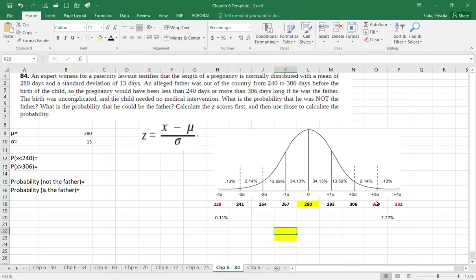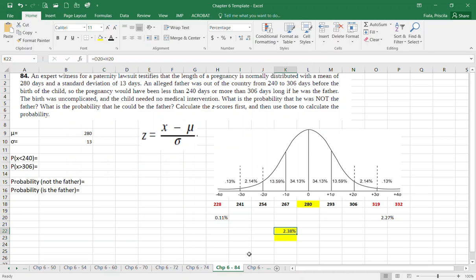Okay, so without even calculating my z-scores, if I add the 2% for him being out of the country, I mean in the country, that would be only 2.38%. So when you calculate, the probability that he is the father should be something this small.